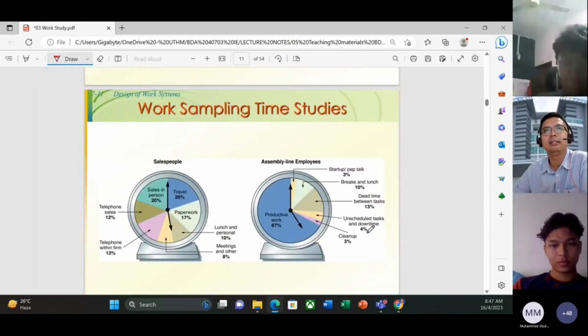Okay, this is an example of work sampling and time study. This is some of the figures.